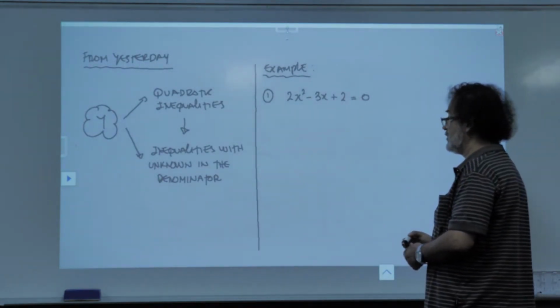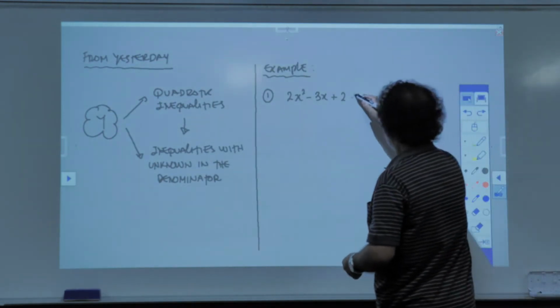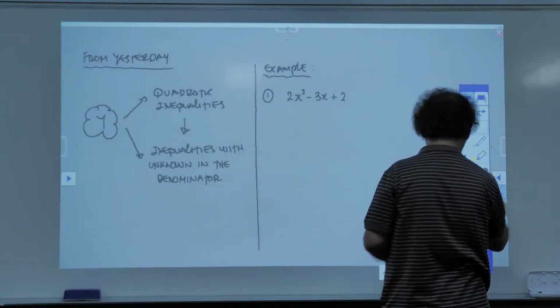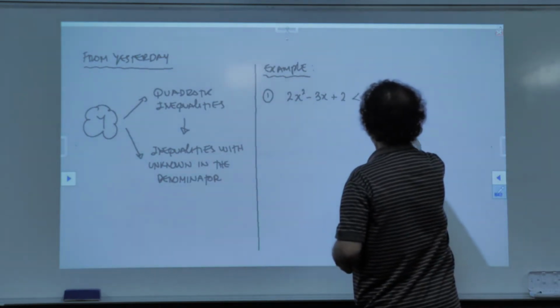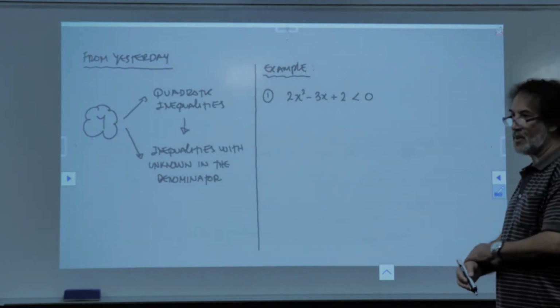Are we doing inequalities, sir? Yeah. So less than 0. Okay, less than 0. So we do things like that.